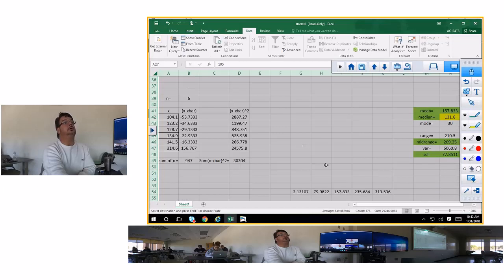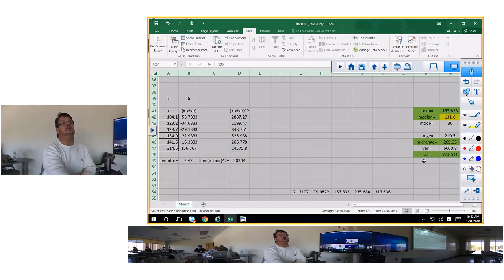All right. Now look at your numbers. And look at that standard deviation. It's pretty high. Because look at the difference between 123 and 104. What is that difference? 19 or something? What is the difference between 123 and 128? 5. 138 to 134, what is that? 6?